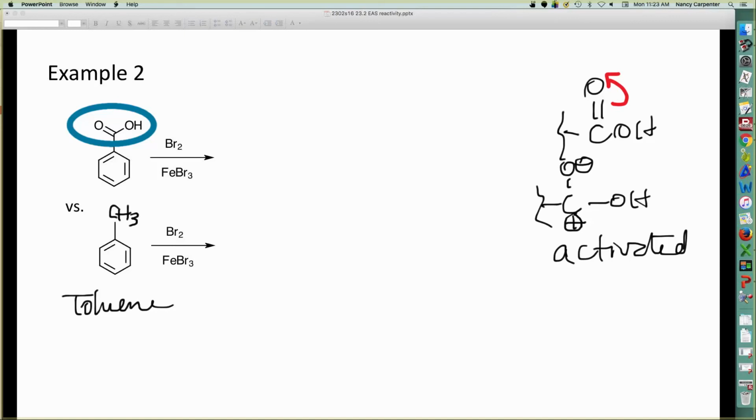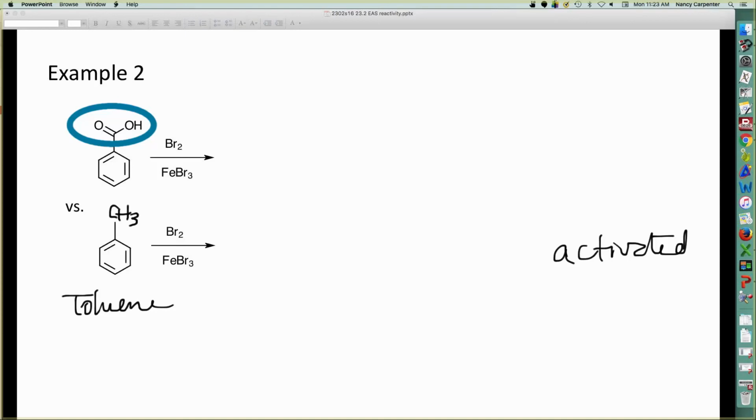It's not a very good resonance contributor, so if nothing else, what we should do is just look at the fact that in a carboxylic acid or ester or any of these carboxyl type substituents, what's really important is that we've got a strong dipole in that C=O double bond.